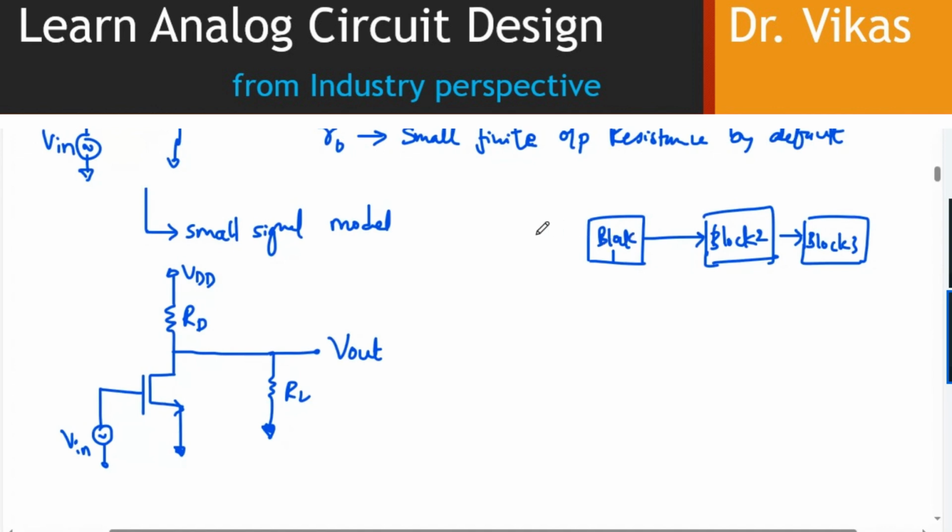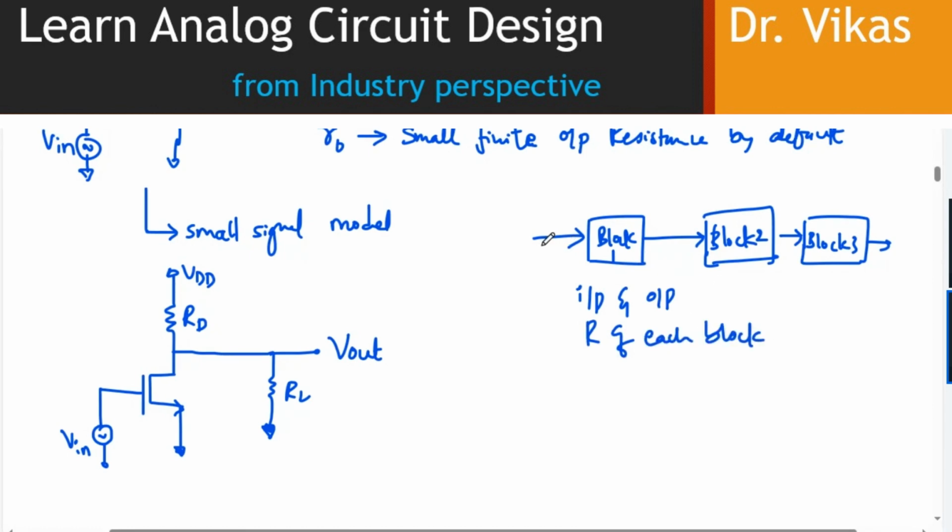Let's say I have multiple blocks, maybe amplifier, oscillator, or some other block like PLL or any other blocks, they are connected in this manner, in a haphazard manner. And I want to calculate the input and output resistance of each block.